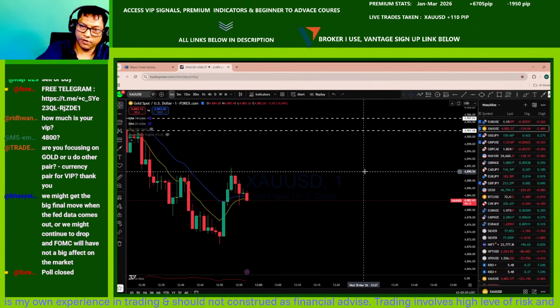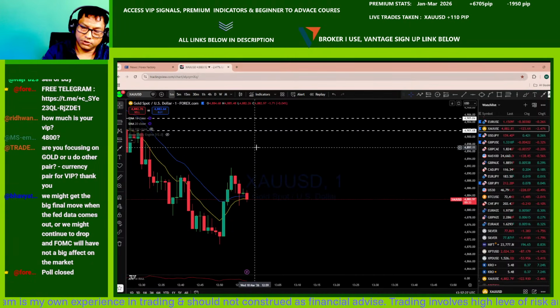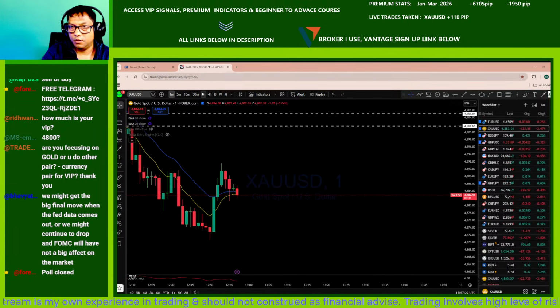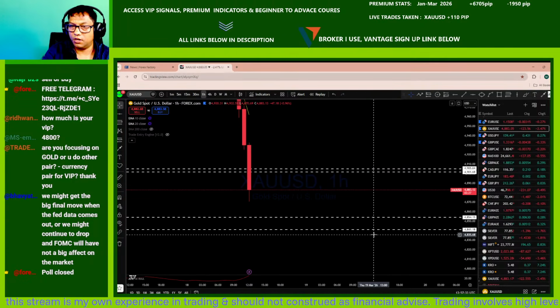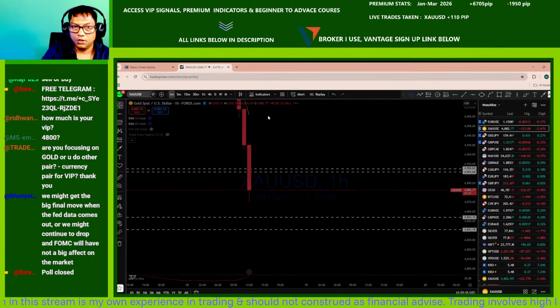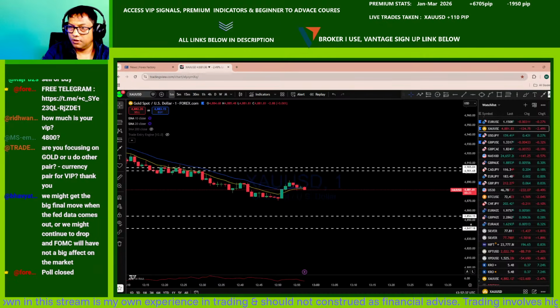So it was potentially a false breakout because it's one move, and with this 1 hour candle close, we're going to look at an entry.